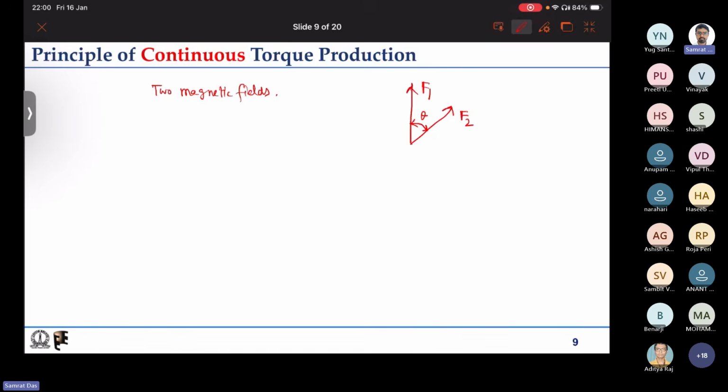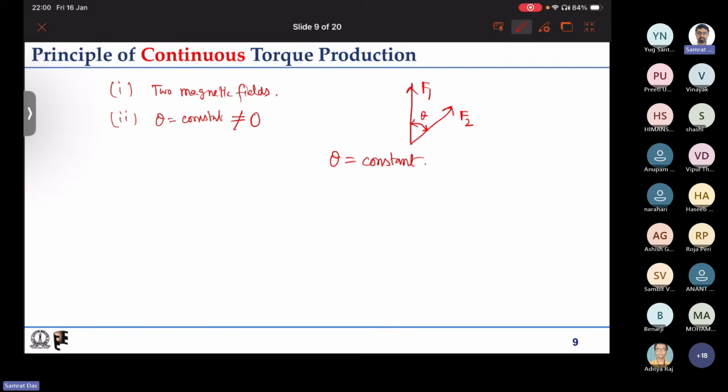Along with that we need theta equal to constant throughout the time. So with time we need to maintain theta constant. These are the two necessary things: theta equal to constant and not equal to 0. It can be constant and always 0, but that is not enough for torque production. We need two magnetic fields and some non-zero theta, which is constant with time.